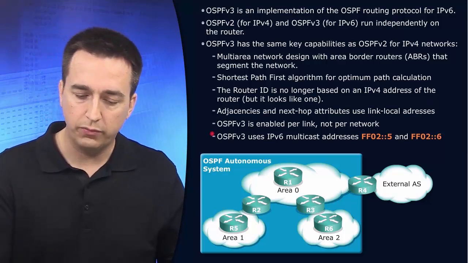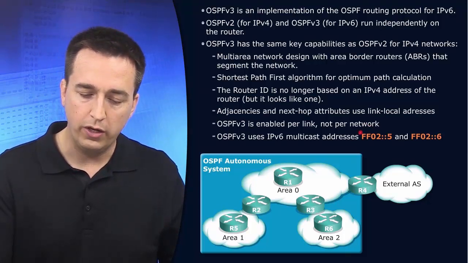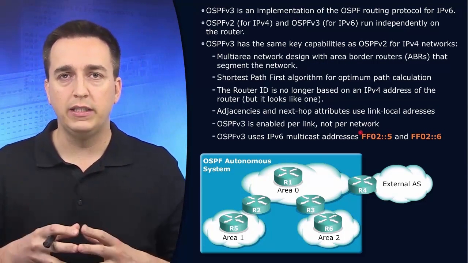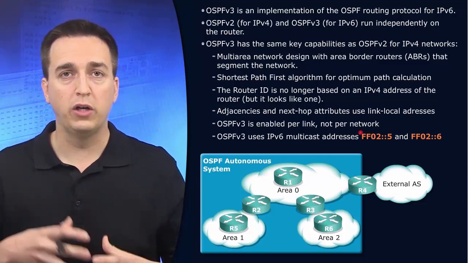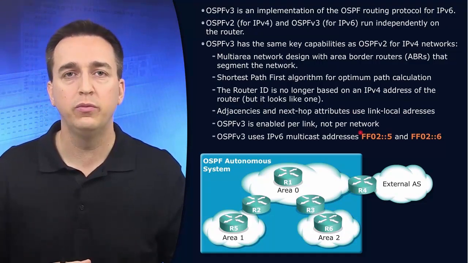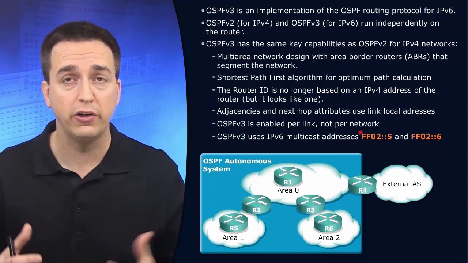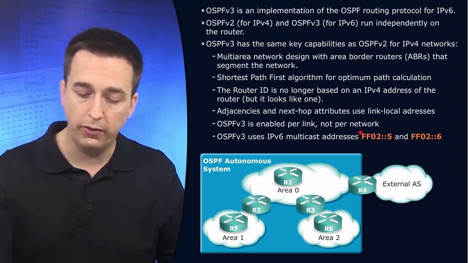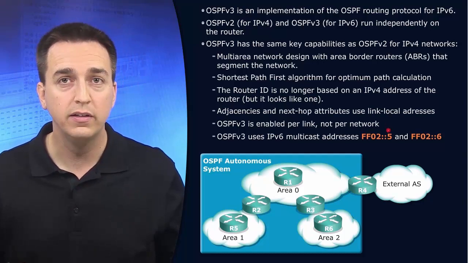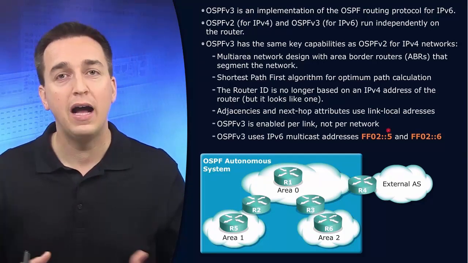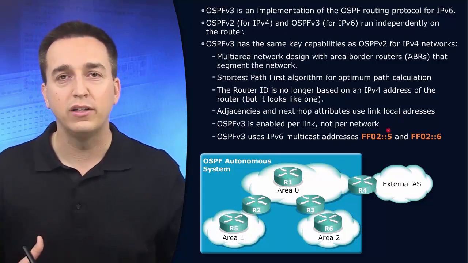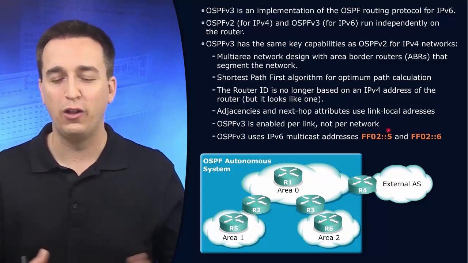Well, in this case, remember that we are dealing with forming neighbor adjacencies on these local links. So we're going to be using the link local multicast address that is available with IPv6. It starts with FF02. And then we are going to specifically send hello packets to :5. So FF02::5 is the OSPFv3 multicast address, or link local multicast address, that's used for hello packets.